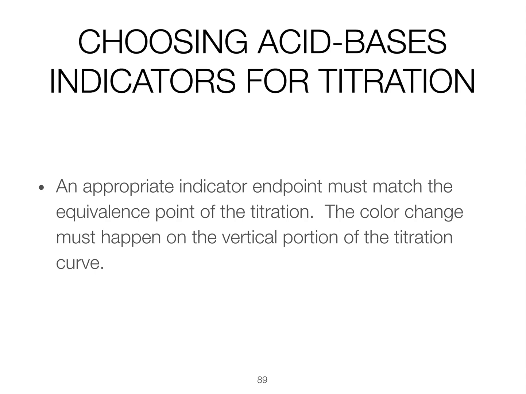And because the vertical region is so dramatic, there's really three indicators that we commonly use. We commonly use litmus, phenolphthalein, and methyl orange. This would be for when we expect a neutral, a basic, or an acidic equivalence point, respectively.